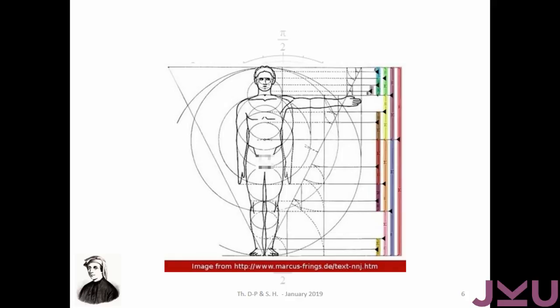The ratio of the distance from here to here and from here to the floor should be close to it, and I've been told that ladies wear high heels in order to have a better approximation of this golden ratio. But now with all the top models who are almost anorexic, I suppose that some of these real proportions in the human body don't exist anymore. Not to be harmonious is really a problem.